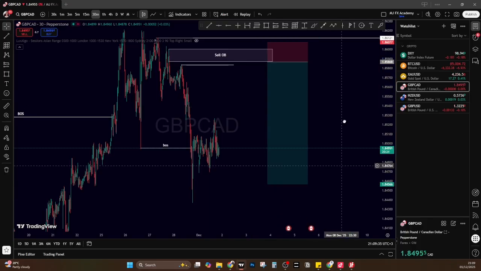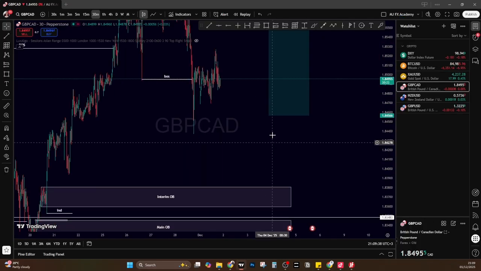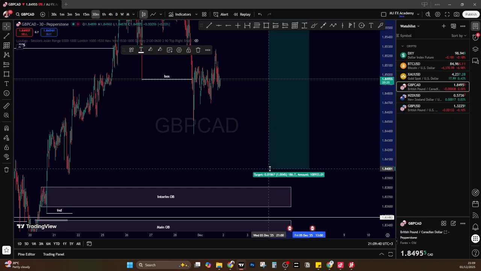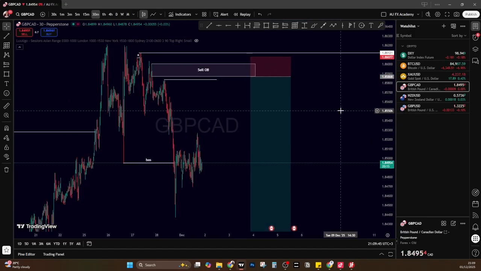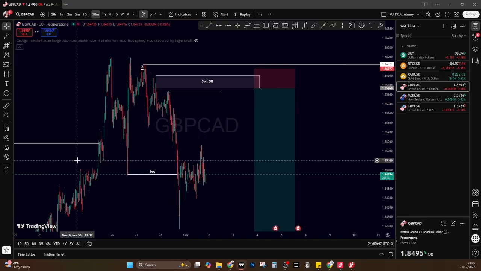Where do you target? You target where you have the interim sell or even that swing low. If you are patient enough, you can wait for it. If you are not patient enough, I'm not sure.